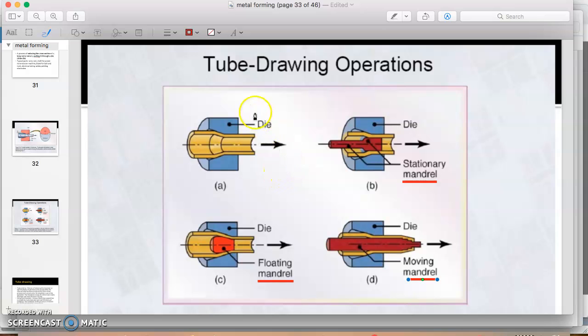If you want to control the inner surface, especially the roughness and also the diameter, you can use the mandrel system. You can use the stationary, floating, or moving mandrel.